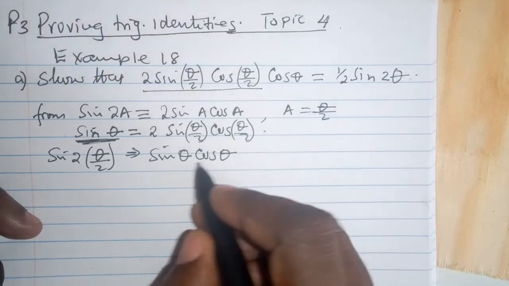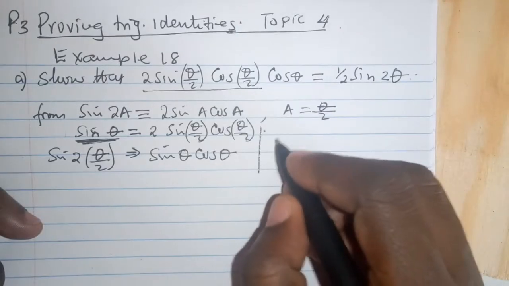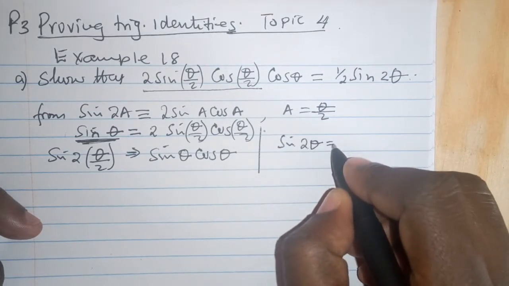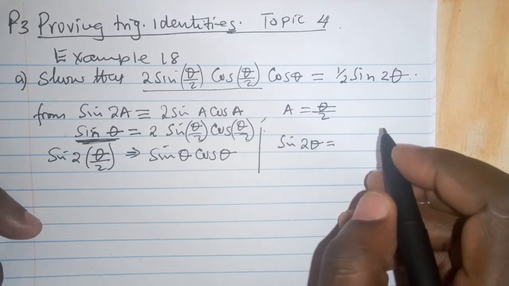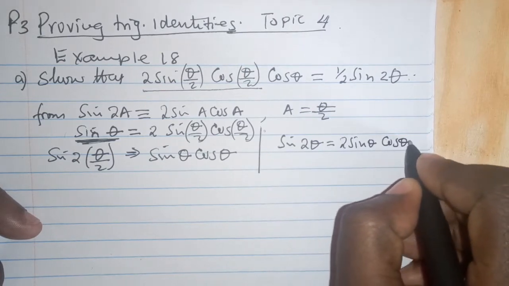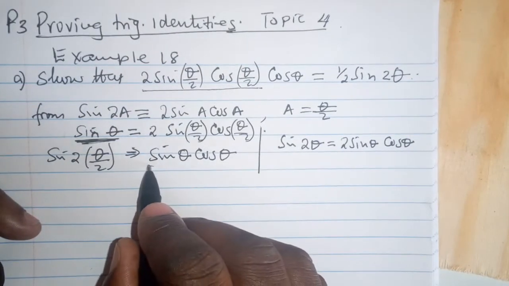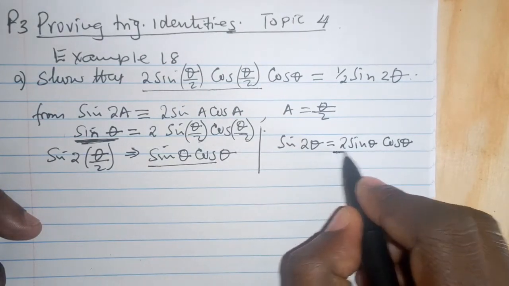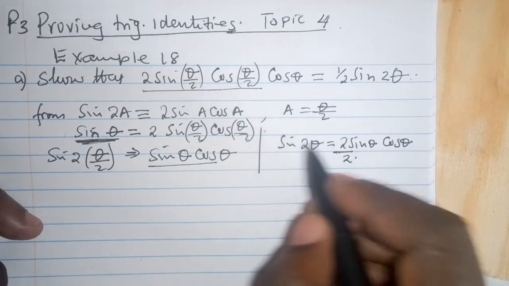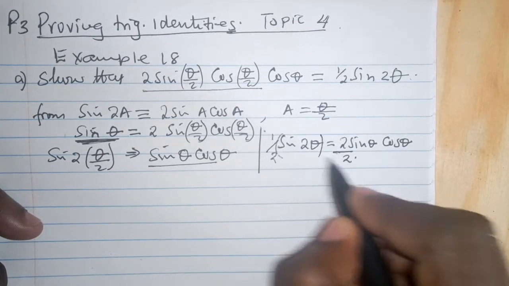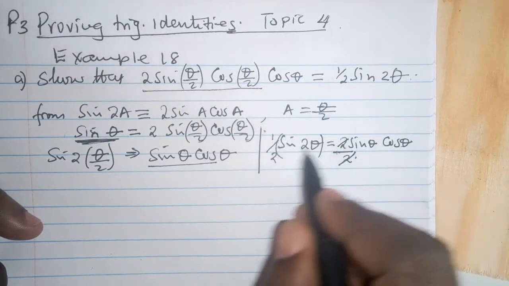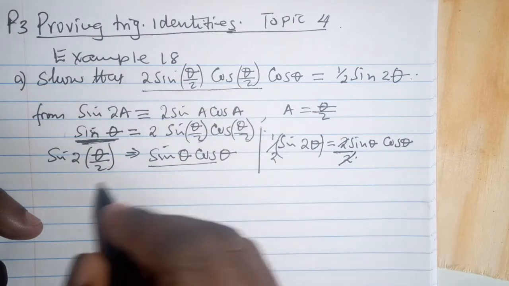Again, from the same understanding, sine 2 theta is equal to 2 sine theta cosine theta. If you want to get this side, then you must be prepared to divide by 2 on the right-hand side, but that division by 2 should happen on both sides. So when you cancel the 2, you'll be left with a half sine 2 theta.